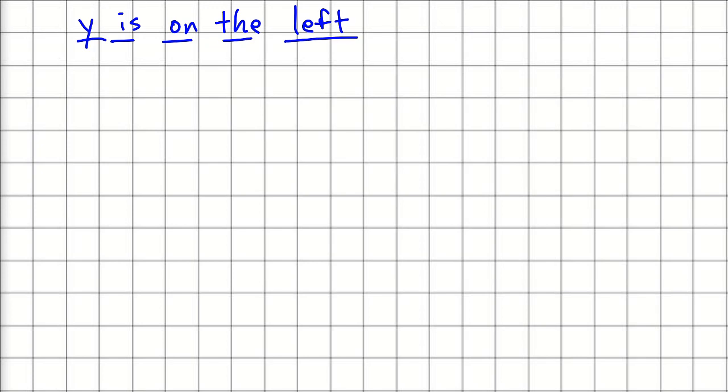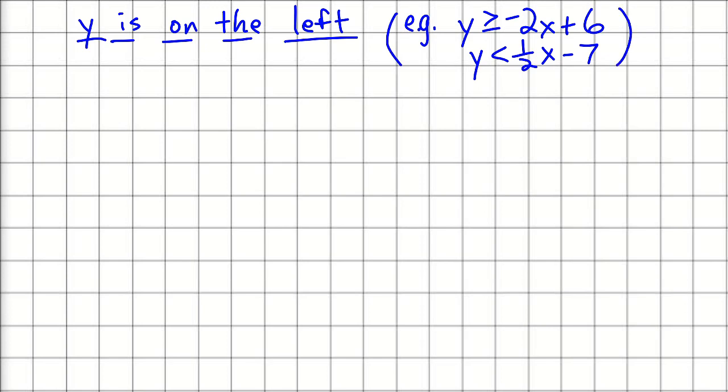As long as y is on the left, like, this is going to be a couple of examples. y is greater than or equal to negative 2x plus 6, or y is less than 1/2 x minus 7. So those are examples where y is on the left, all right?